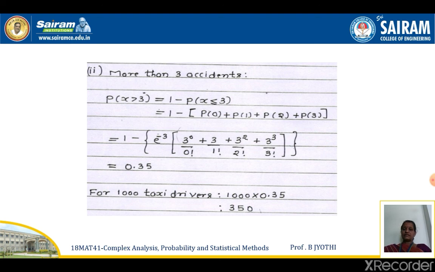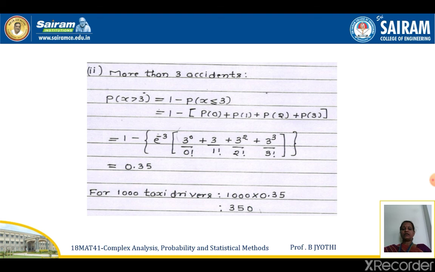So p of x greater than 3, as I have told, p of x greater than 3 means we need to take p of 4, 5 up to 1000. It is highly impossible to calculate. Therefore, what we will do is take its complement, that is 1 minus p of x less than or equal to 3. That's very easy, computing only 4 numbers.